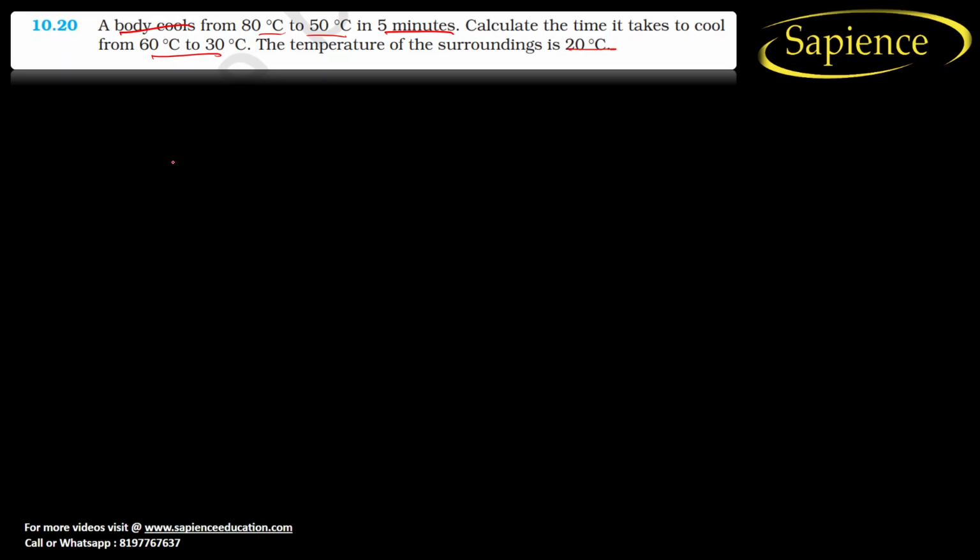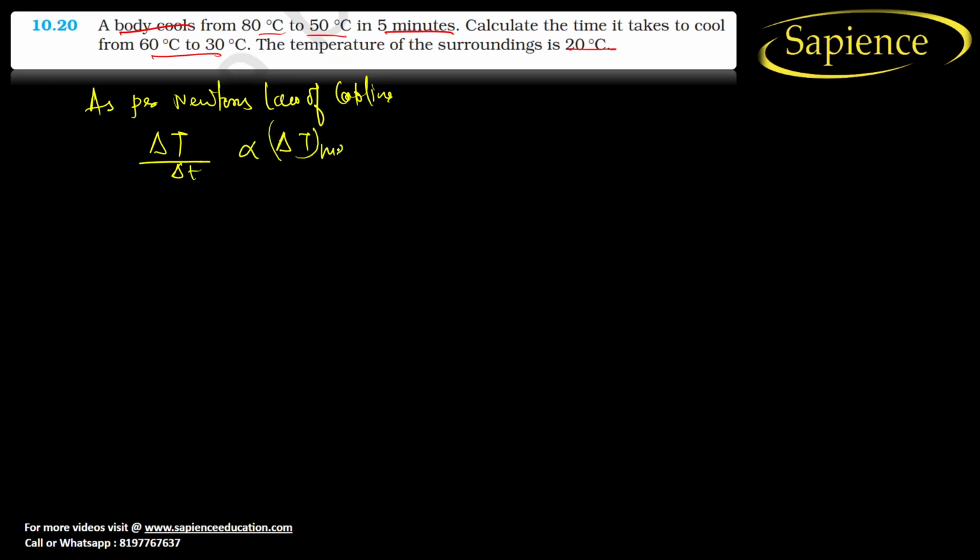See here, as per Newton's law of cooling, we can directly tell that the change in temperature by time taken to cool is directly proportional to the delta T mean.